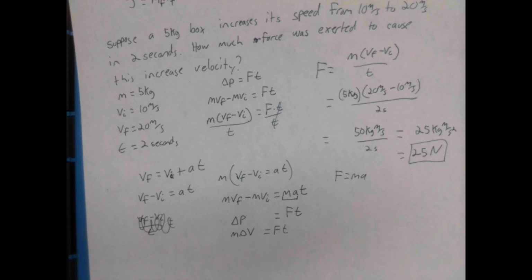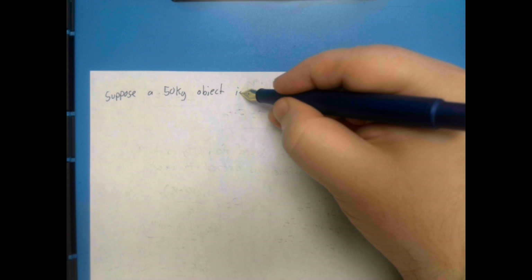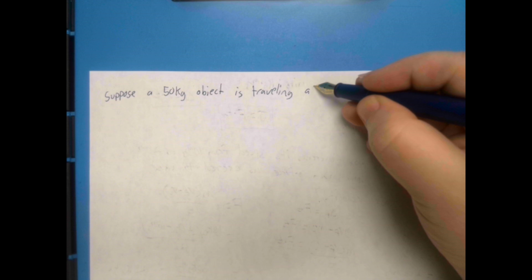So let's do a few more examples. Suppose a 50-kilogram object is traveling at 25 meters per second.